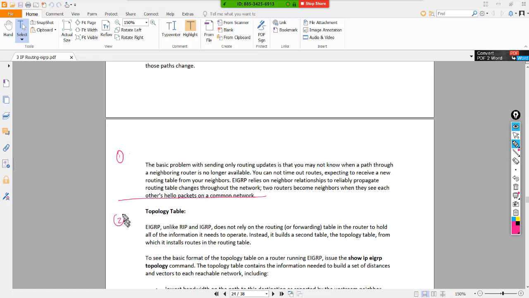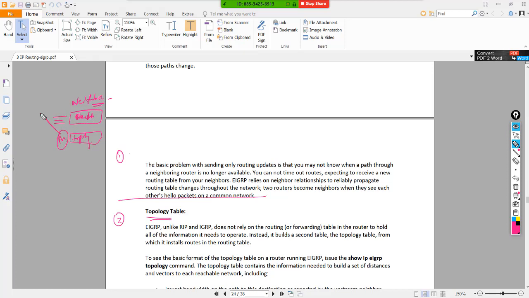Now step number 2 is, these EIGRP routers will maintain a separate table called the topology table. So the first table was the neighbor table, where it's going to put up all the neighbors.